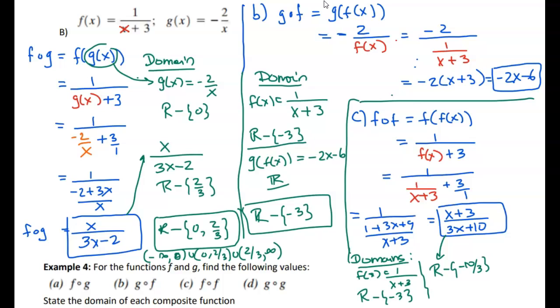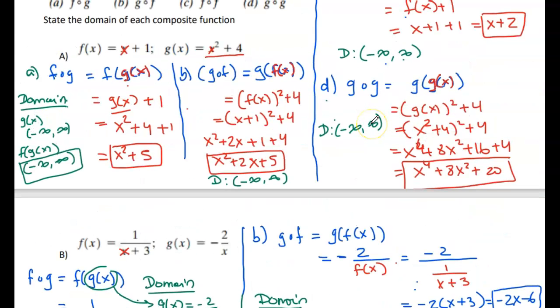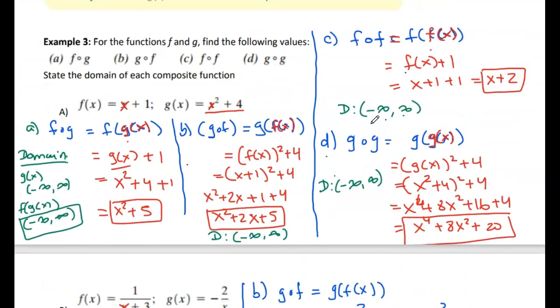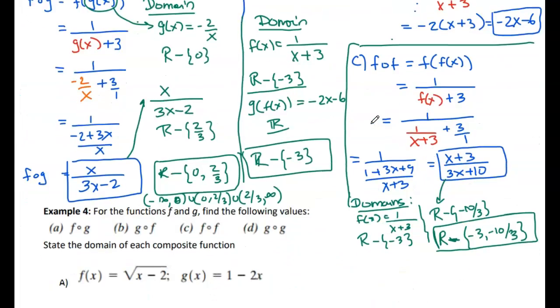So the combined domain is going to be all the real numbers excluding negative 3 and negative 10 over 3. So two values where things are going wrong when we're dividing by 0. All right, I'm not going to do g of g because I don't have room. All right, okay, so here's one more.